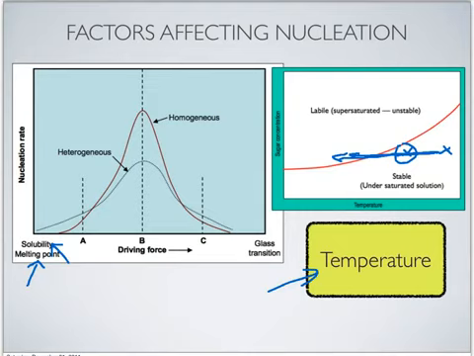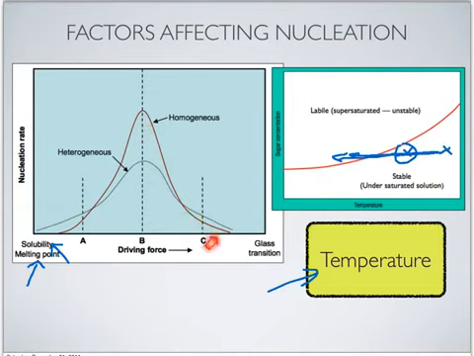So as we reduce the temperature, the rate of nucleation will increase up to a maximum point. At some point, the viscosity of the system will become very high, and it approaches the glass transition temperature, where at or near this glass transition temperature, the viscosity is very high, and it will reduce or limit the diffusion of the molecules, and therefore it will decrease the nucleation rate.